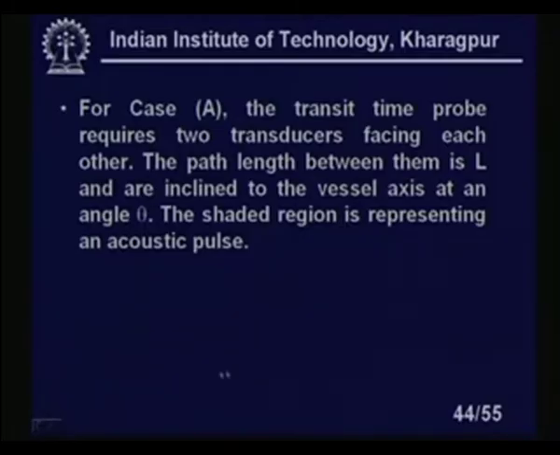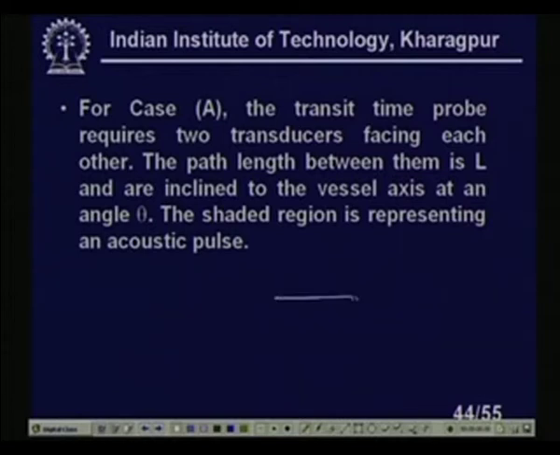If you recall, the transit time principle is something like this. I have a vessel like this one, and the signal will always be inclined. I have a sensor here, and it makes an angle of theta, right.